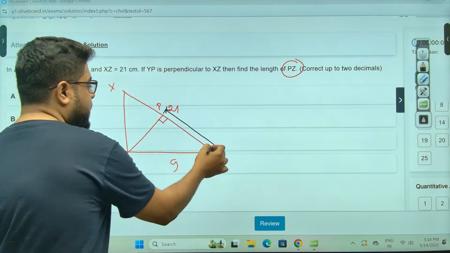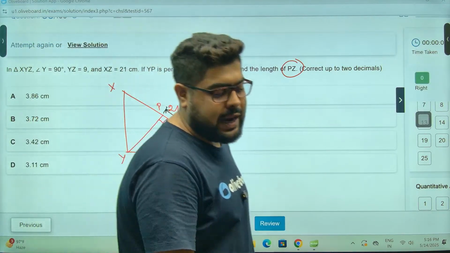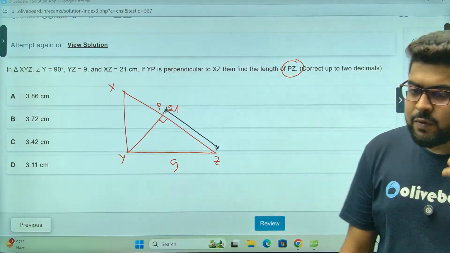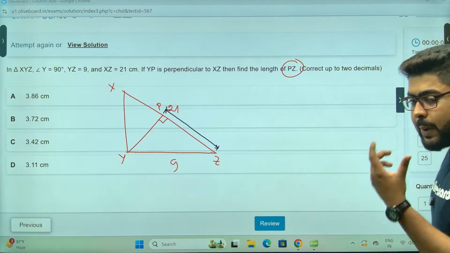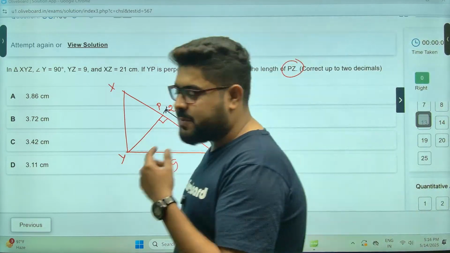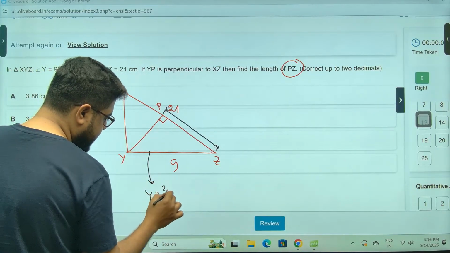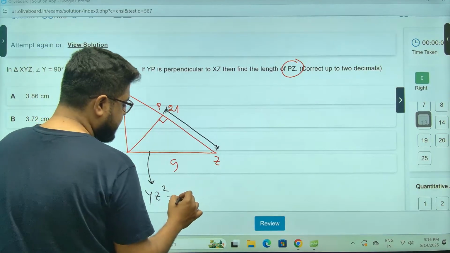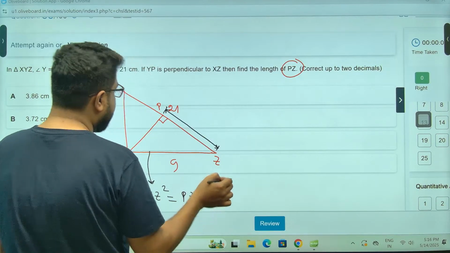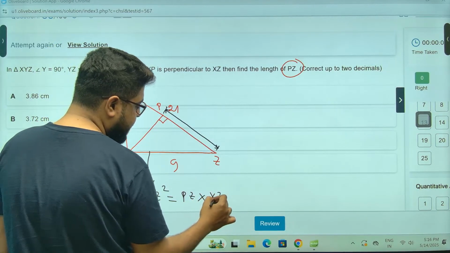there is a property that comes while if you try to prove Pythagoras theorem. That property is this thing square. It is equal to, sir, PZ into the whole thing, XZ.